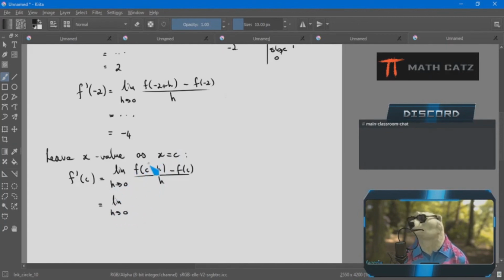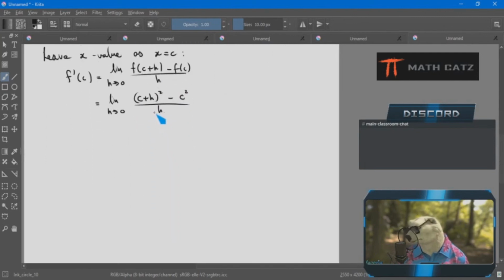Remember, I just have my quadratic function x squared. So f of c plus h is c plus h squared. f of c is c squared, over h. I need to simplify this. c squared plus 2ch plus h squared, and c squared is still there, all over h.